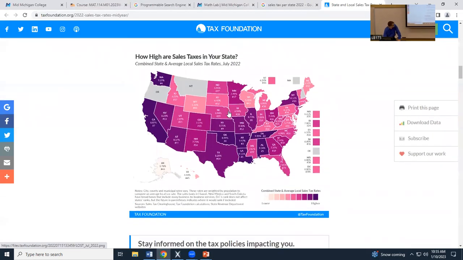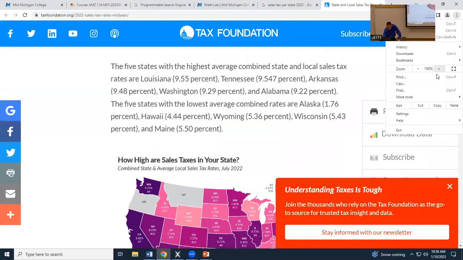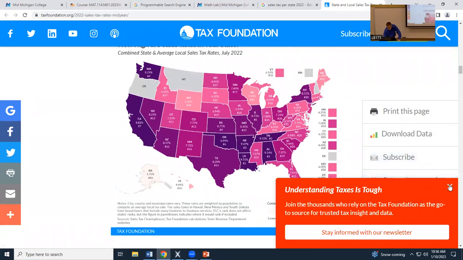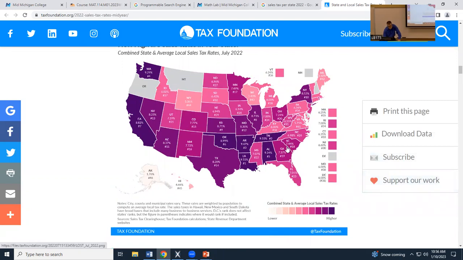There you go. That's what I was looking for. So here's all the rates of sales taxes per state.